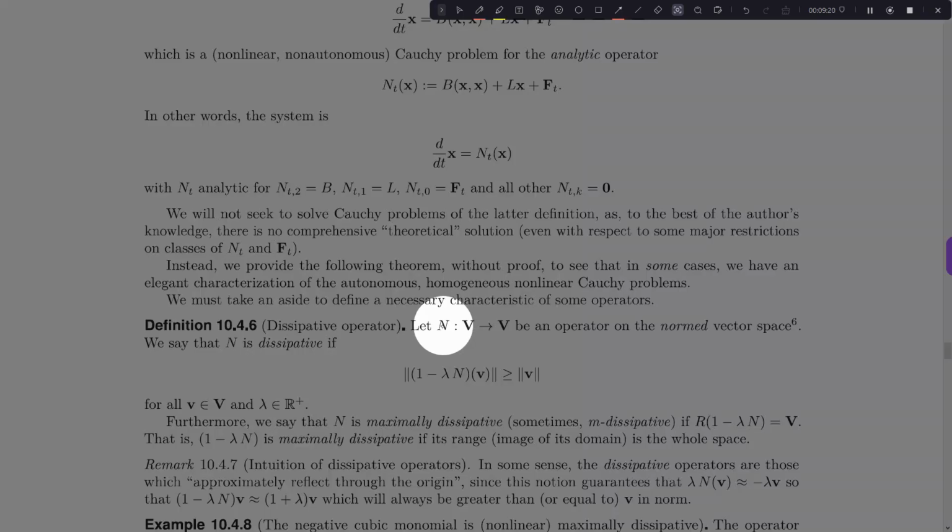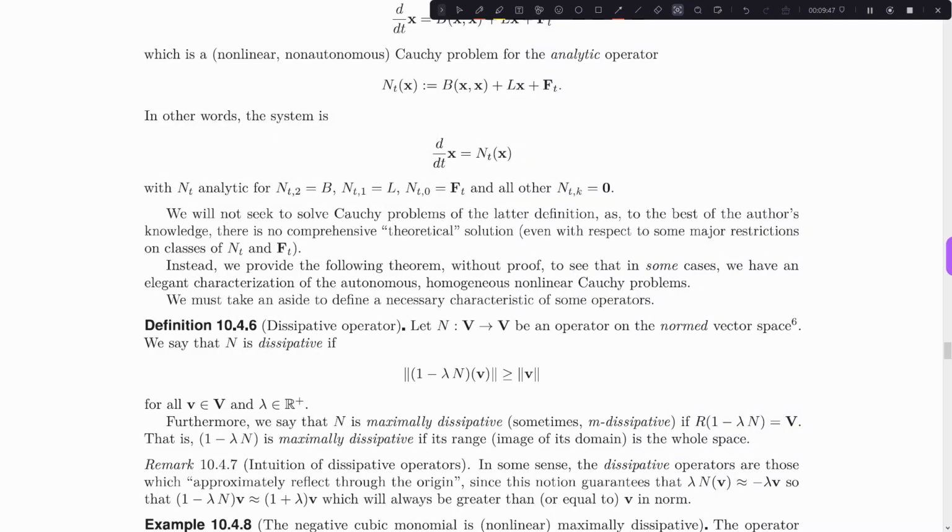So if I have a nonlinear operator, it can be linear as well. If I have any operator N on a normed vector space, so just think of R3 with your classic Euclidean norm, we call N dissipative if the norm of V minus lambda times N taking in V is always bigger than or equal to the norm of V, wherever V started.